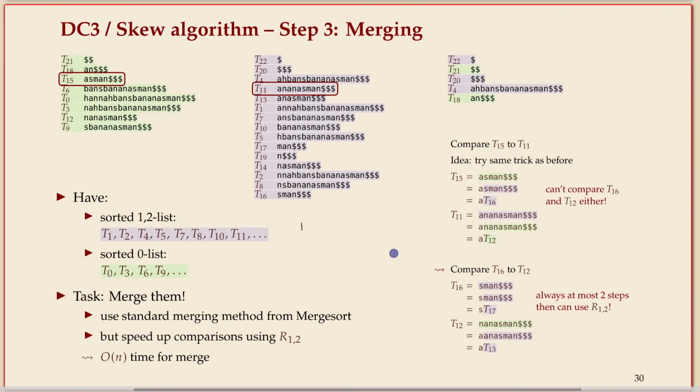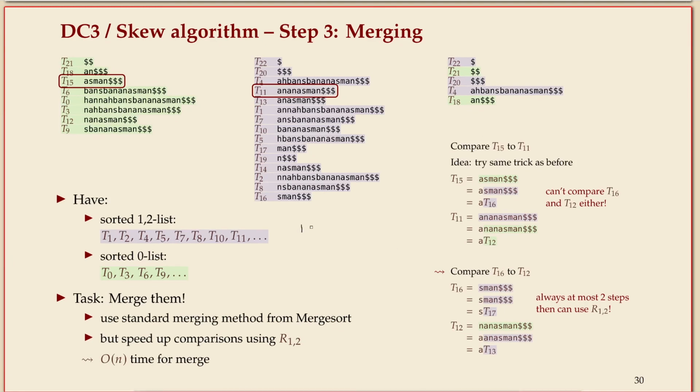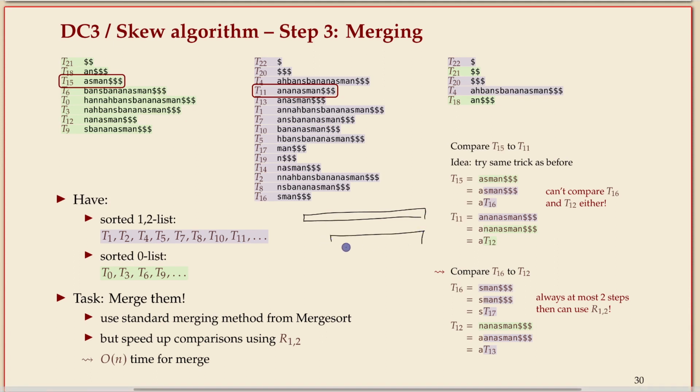And if you don't see why it helps, draw the picture of the different cases. So you have 2 suffixes that are of some different length. Now remember, there's always 2 positions that are blue, and then comes 1 green position.